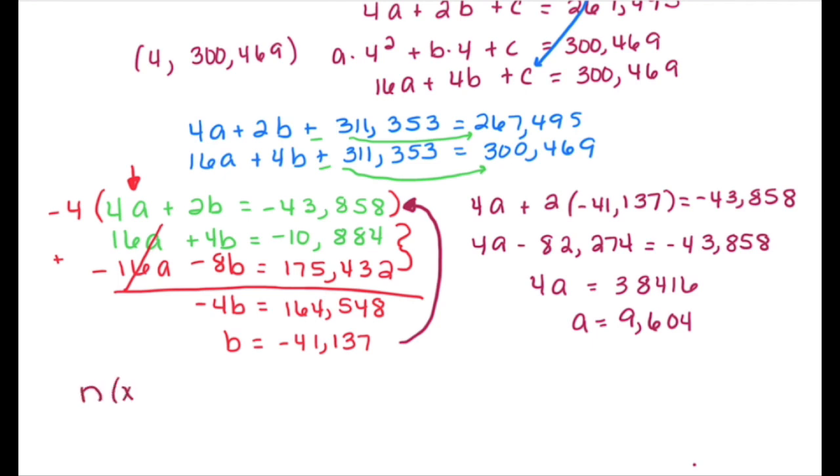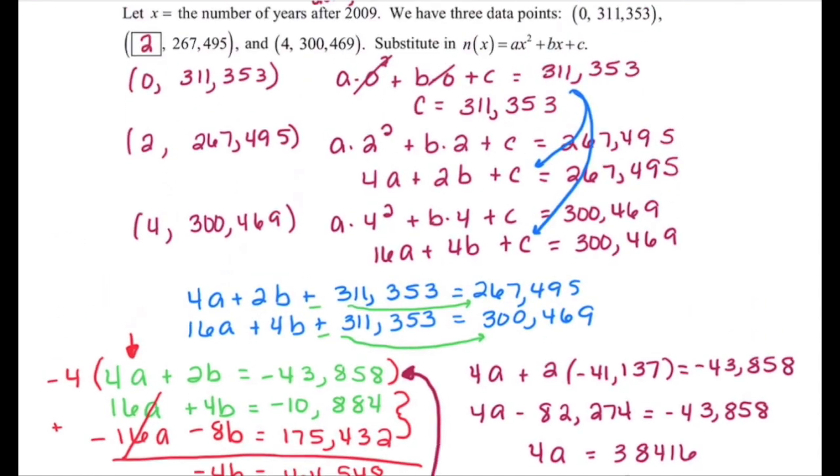Our final equation here is then 9,604x squared, our b value, so minus 41,137x, plus our c value of 311,353. Now that we have our function, we can use this to estimate the number of civil cases in the courts in 2014.